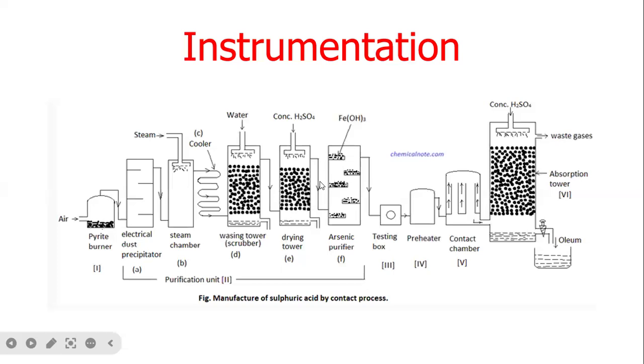The sulfur dioxide gas is passed into the arsenic purifier, where ferric hydroxide is used, and the pure sulfur dioxide is passed into the testing box, where the impurities are tested. It then passes into the preheater and into the contact chamber, where the sulfur dioxide is converted into sulfur trioxide by the catalyst vanadium pentoxide, and it is passed into the absorption tower, where concentrated sulfuric acid is passed from the top and it is converted into oleum.